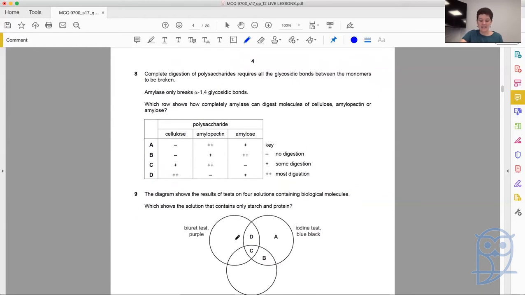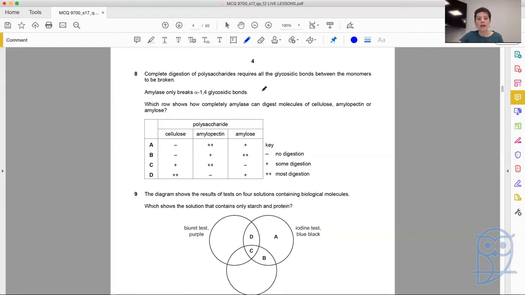Question 8. Complete digestion of polysaccharides requires all the glycosidic bonds between the monomers to be broken. Amylase only breaks alpha-1,4 glycosidic bonds. Which row shows how completely amylase can digest molecules of cellulose, amylopectin, or amylose? So we need to think about who is branched and who is not.